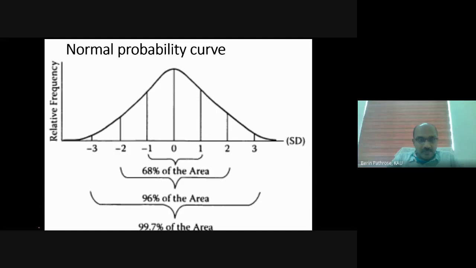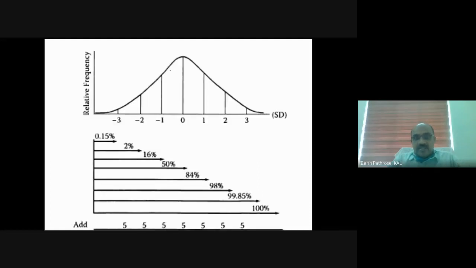See, this is the standard deviation. This is the frequency: how many organisms respond in this range. The maximum response is at this position, the 50% position. That is why we take LC50. Again, the maximum frequency of response will be at 50%.